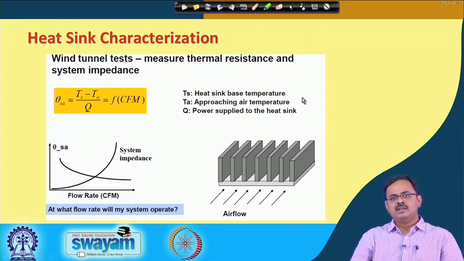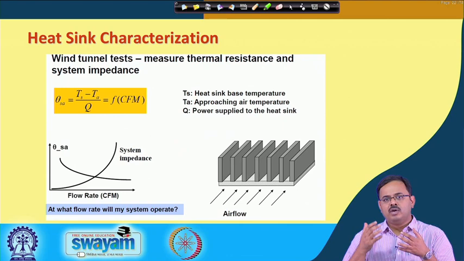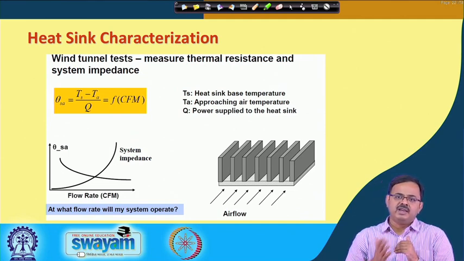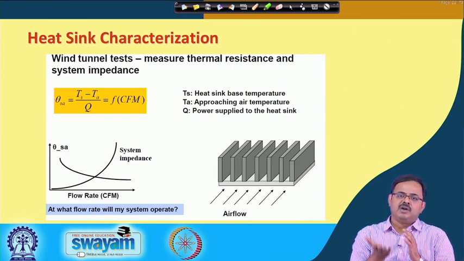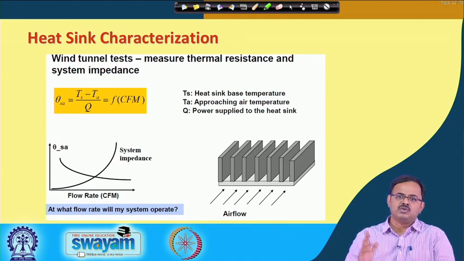From the very basic theory of conduction and convection, this theta is going to be delta T over Q. So, if we increase the power input, the delta T, which is the temperature difference between the heat sink and the ambient, is going to go up proportionately.